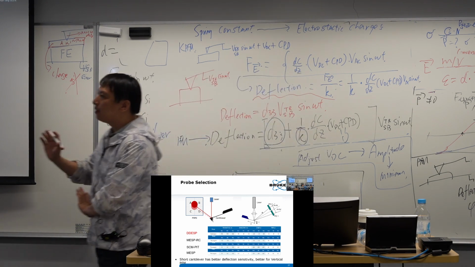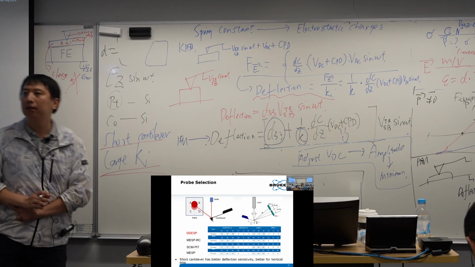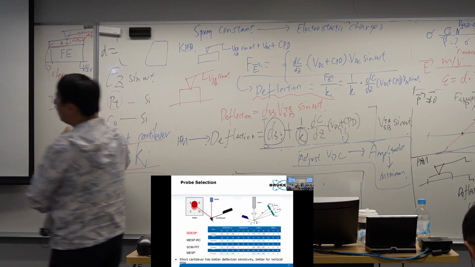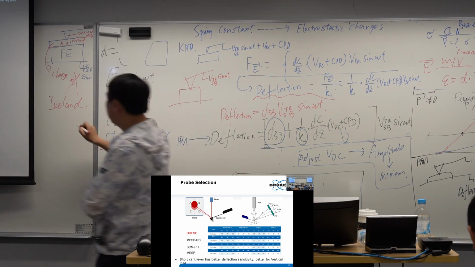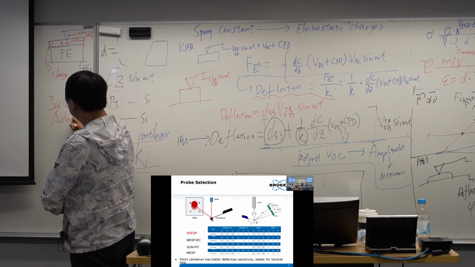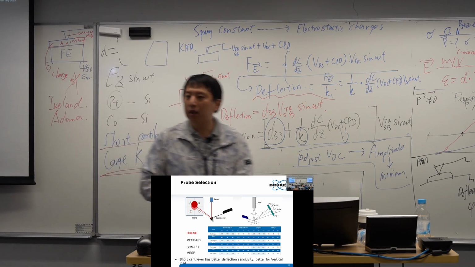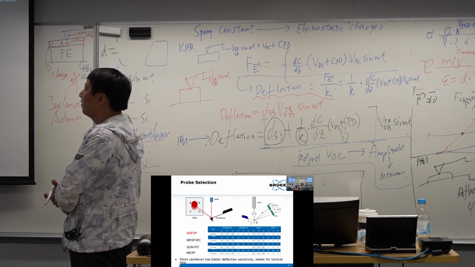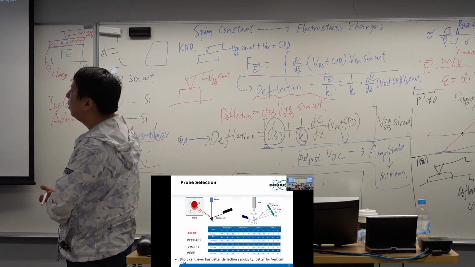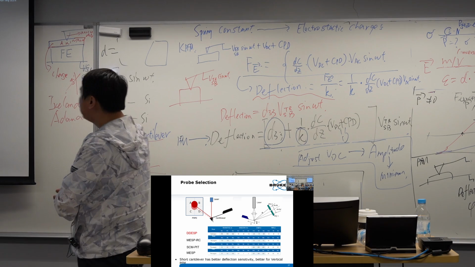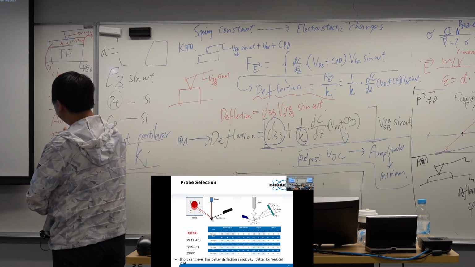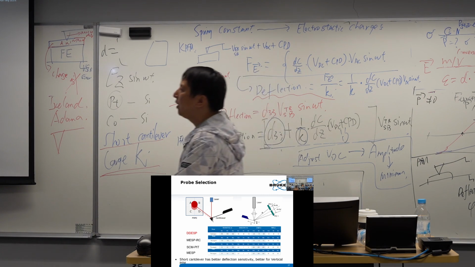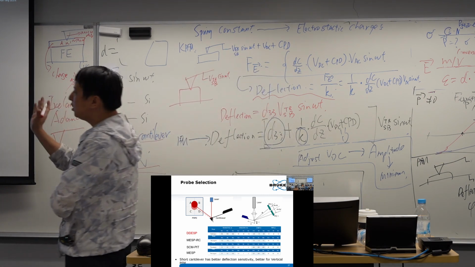There is another company in Ireland, and the name is Adama. They make quite good probes. They make diamond probes, and I don't remember the method, plasma or something, they etch their probes.